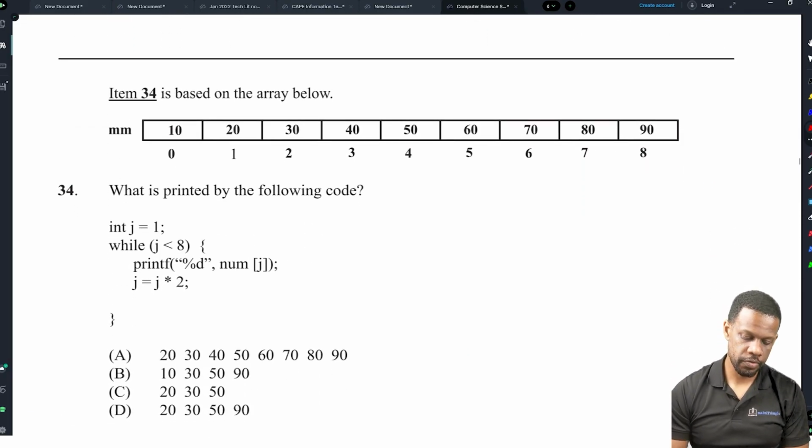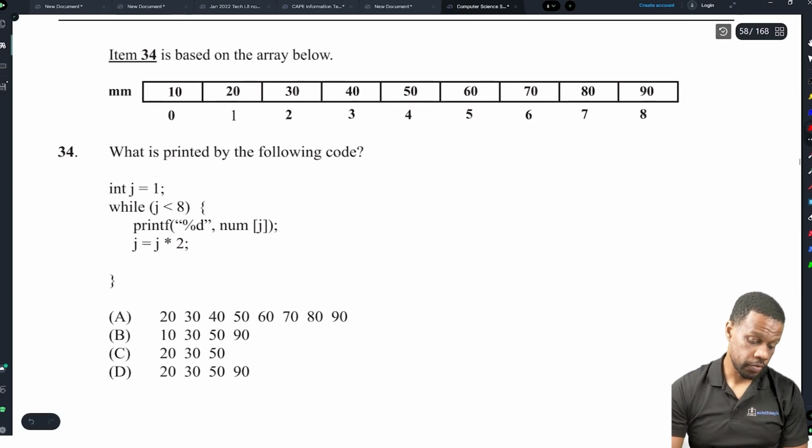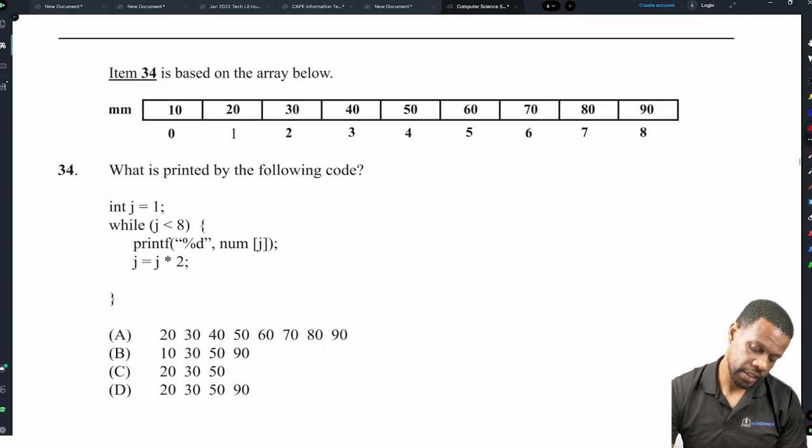34, what is printed by the following code? The following code is int j equals 1 while j is less than 8, so that means it will go from 1 to 7. So printf num j, so it's going to print location 1 to 7. Hold up, j is equal to j multiplied by 2.